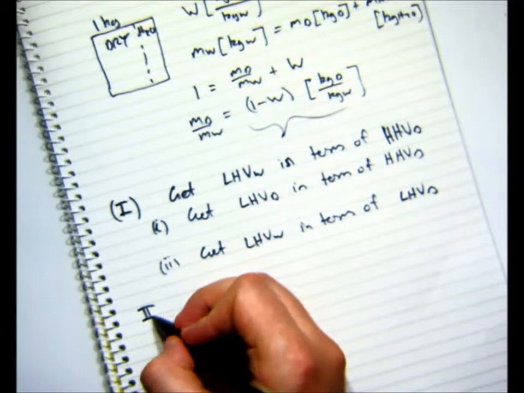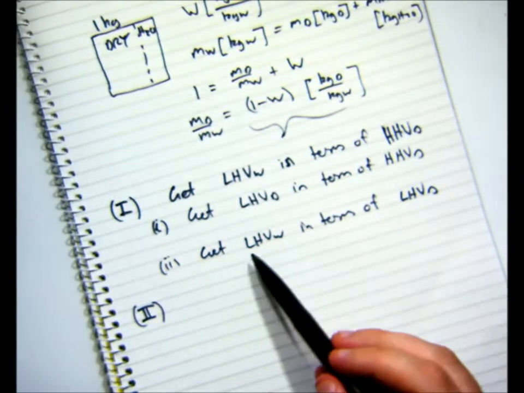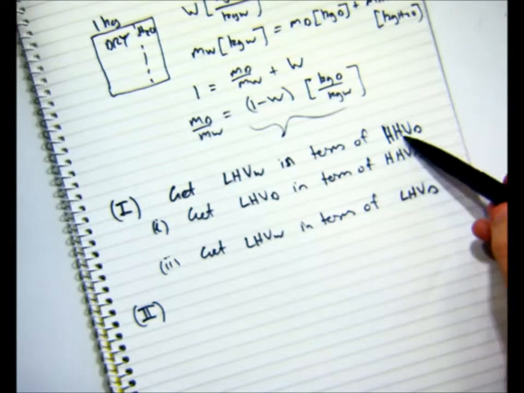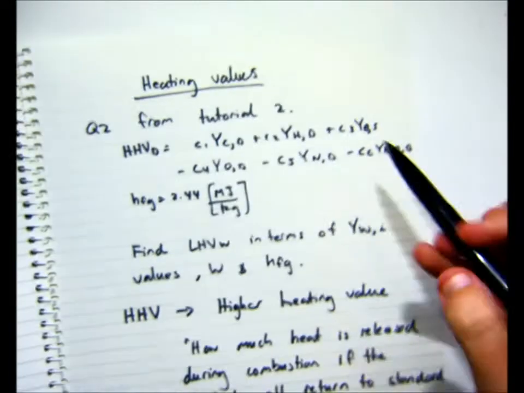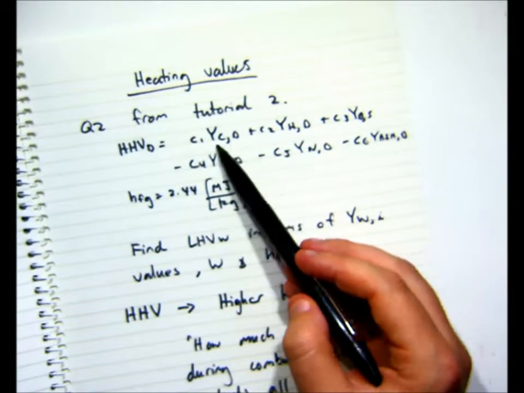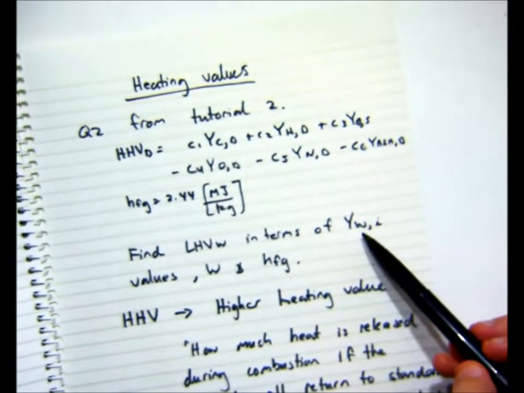After that, we have LHV wet in terms of HHV dry after this step, which is great, but this HHV dry term, if you remember, is in turn expressed by these dry mass fraction values, but we need them expressed in terms of the wet mass fraction values.